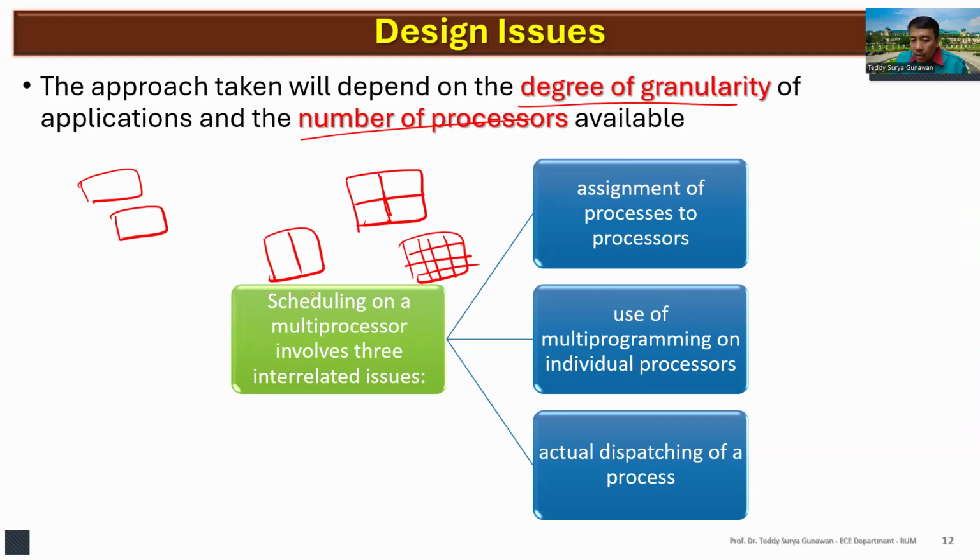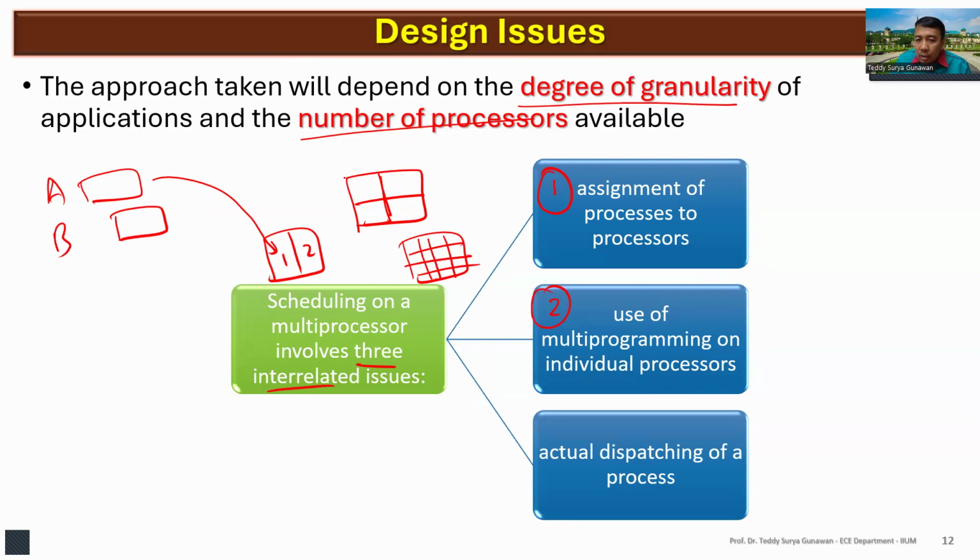So scheduling on a multiprocessor involves 3 interrelated issues. The first one is assignment of processes to processors. If you have process A and process B, you assign them to a core, whether to stick until finished or not, or whether they can move between core number 1 and core number 2. The next one is the use of multi-programming on individual processors.